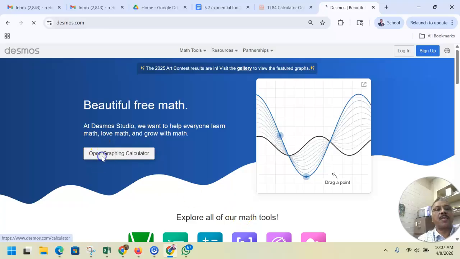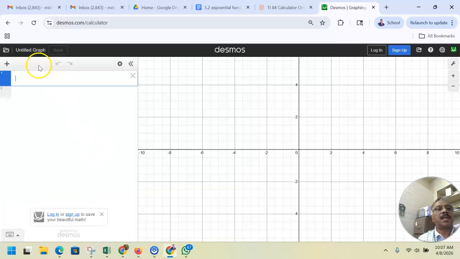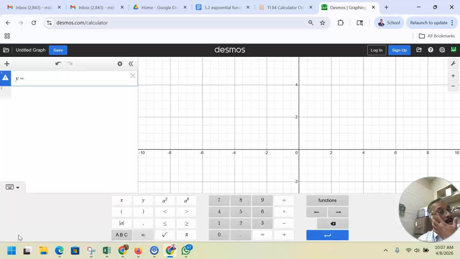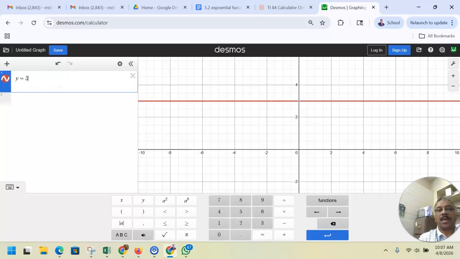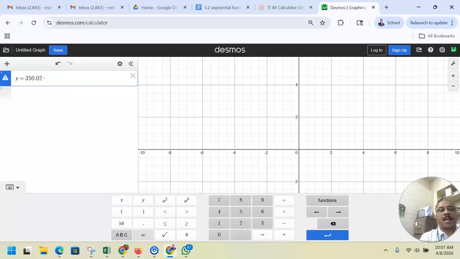In the graph, open the graphing calculator and put y equals, and use this window to type in 350.02 times, and then open a parenthesis, 0.86, close it, go up, put x. Okay, it looks like you can't even see the graph, right?